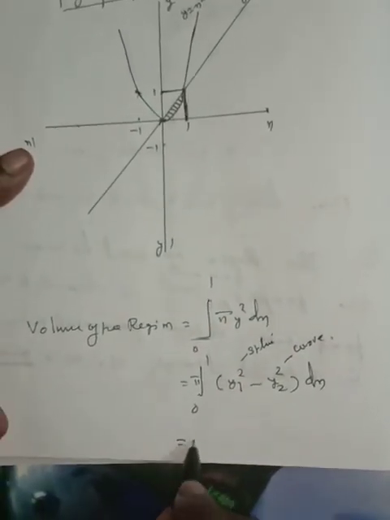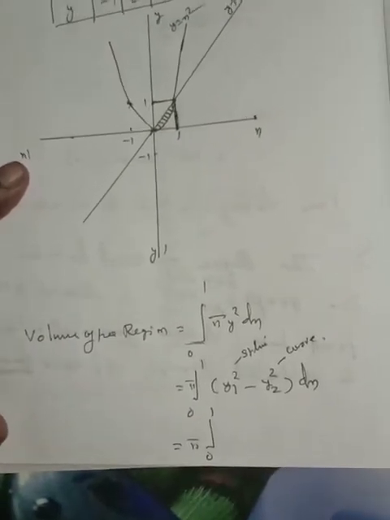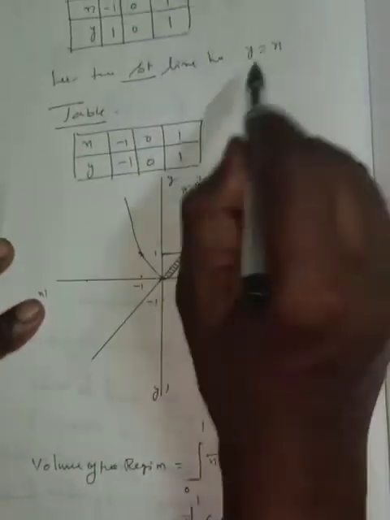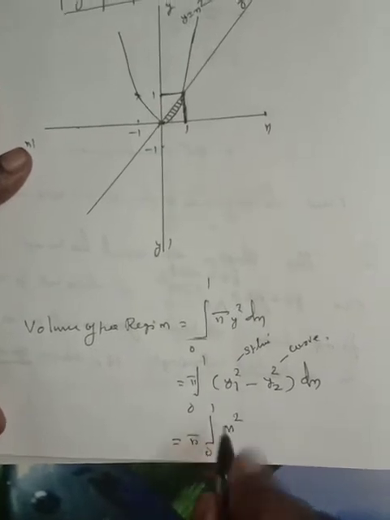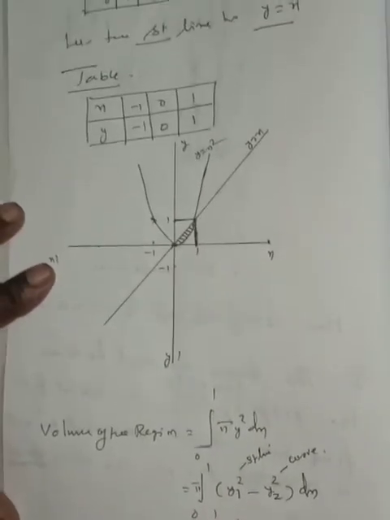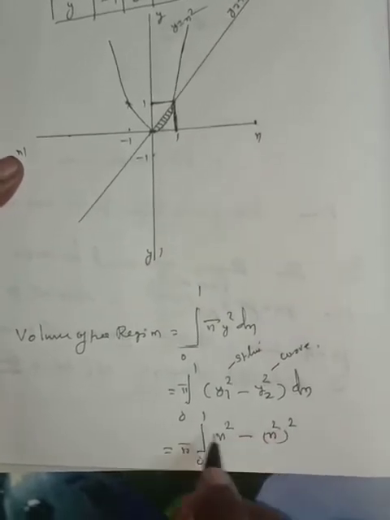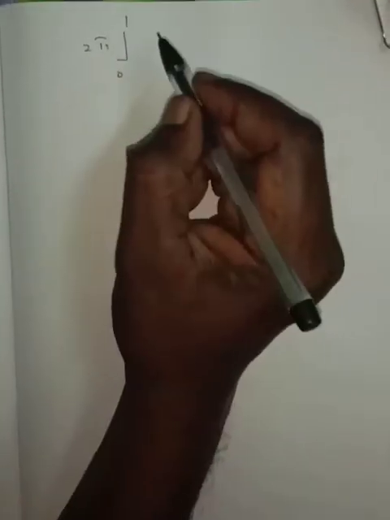Now pi, 0 to 1, y1 is y is equal to x, therefore y1 square is x square, minus y2 square, x square whole square, into dx.